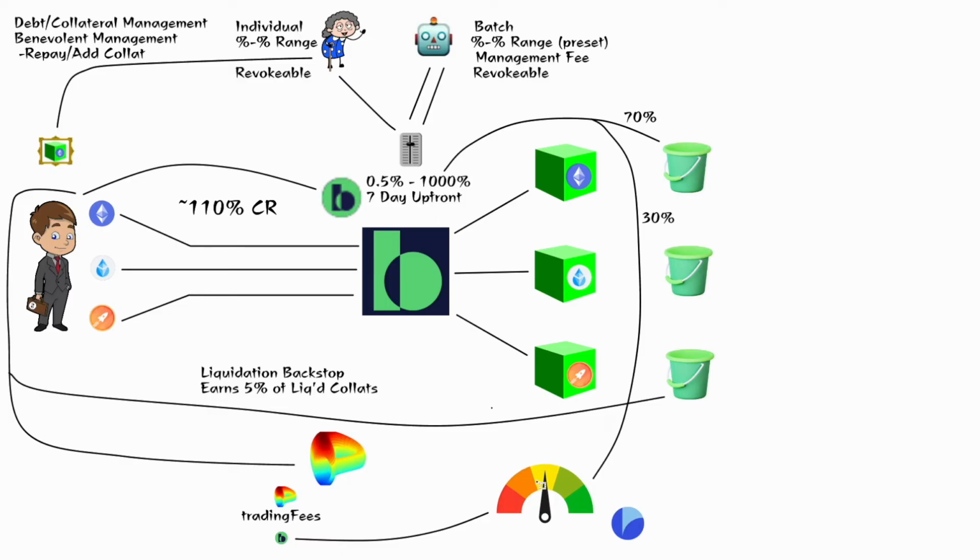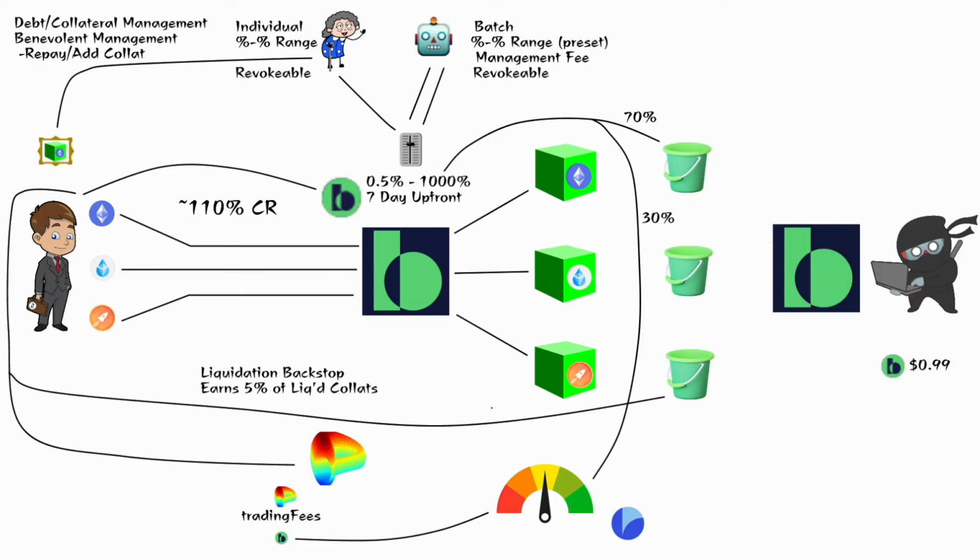This gauge protocol will be used by LQTY token holders. So people who have the governance token of Liquity will be able to stake inside here and get voting rights to send that 30% to different protocols that have liquidity pools for the BOLD tokens. So maybe it will come in the form of rewards on a gauge for the liquidity providers, or maybe some sort of bribe system or something like that. So keep an eye out for this gauge system and how exactly it will work.